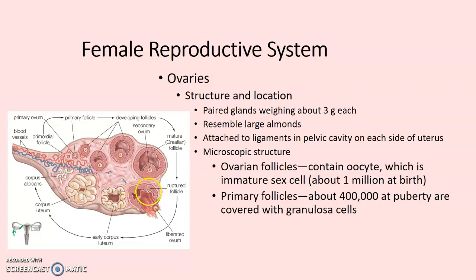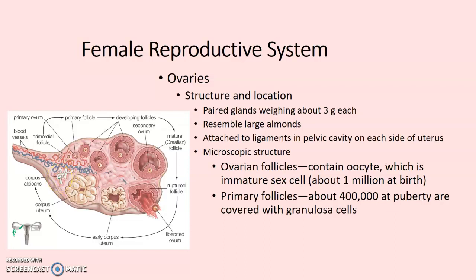Now, the ruptured follicle itself becomes what we call the corpus luteum. The corpus luteum will continue to produce hormones, which we'll talk about maybe a little bit later. The late corpus luteum just kind of starts collapsing down in on itself, and eventually it looks just like a white little fluffy piece of tissue, and we call this the tissue albicans.